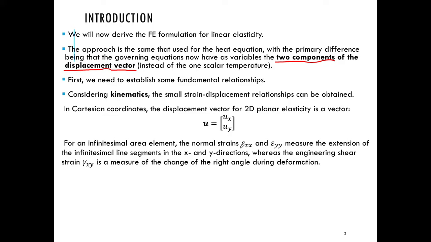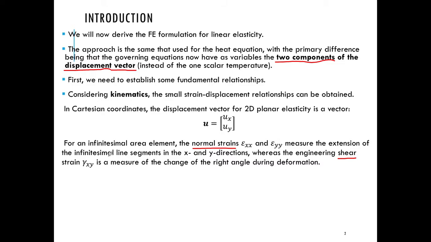Now this small strain epsilon has a number of components, which can be divided into two types of strain: the normal strain and the shear strain, if you recall from your undergraduate courses. The normal strains comprise the normal strain in the x direction and the normal strain in the y direction, which are respectively measures of the extensions in the x and y directions.